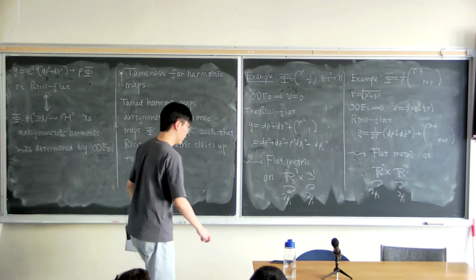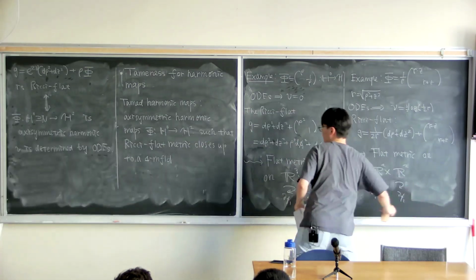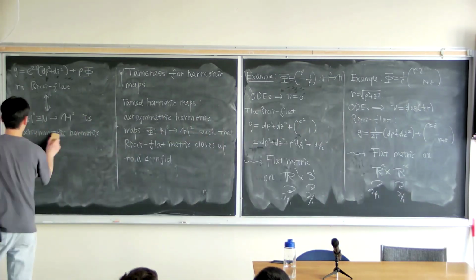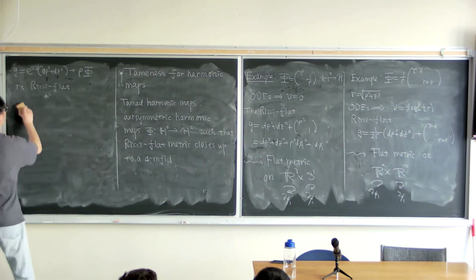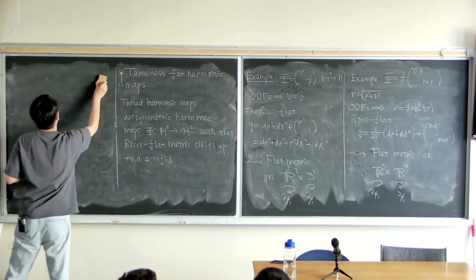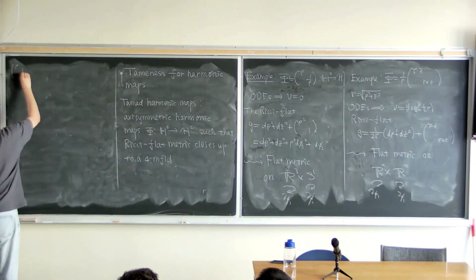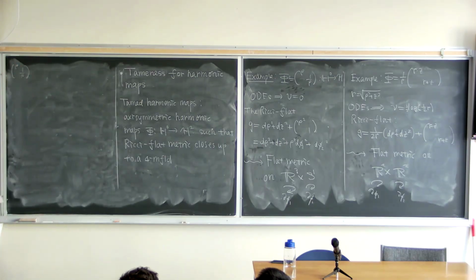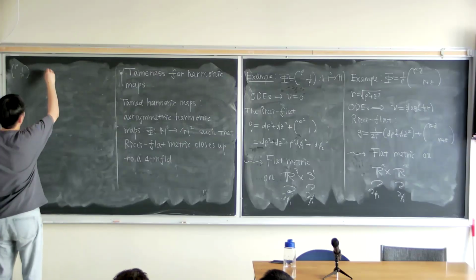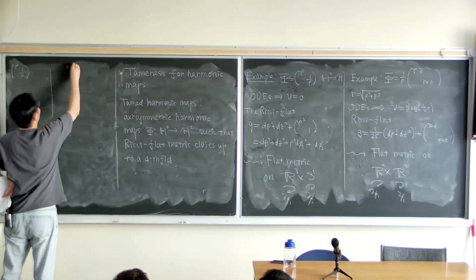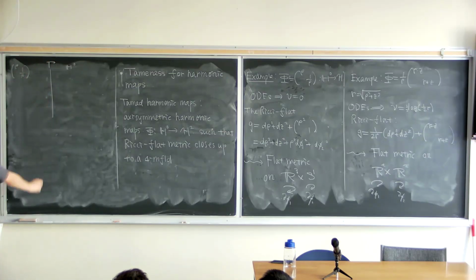The point is, for this example, maybe let me draw another picture here. So for the rho over rho example, this is the domain of your harmonic map. This is the boundary of your domain.